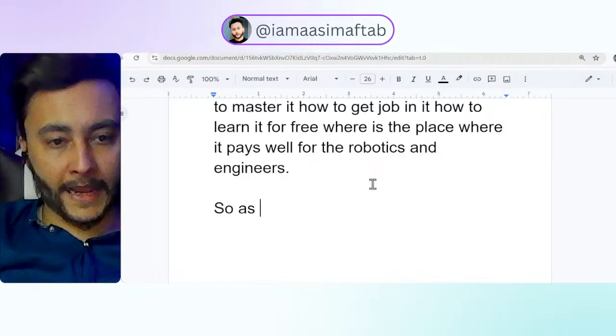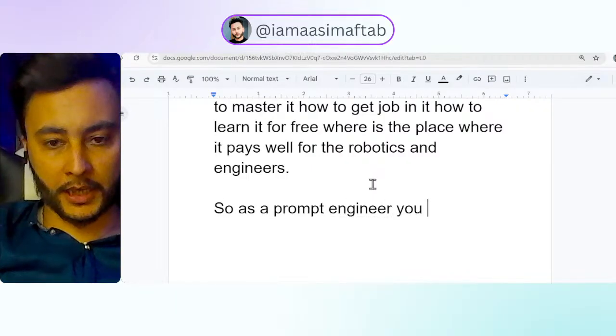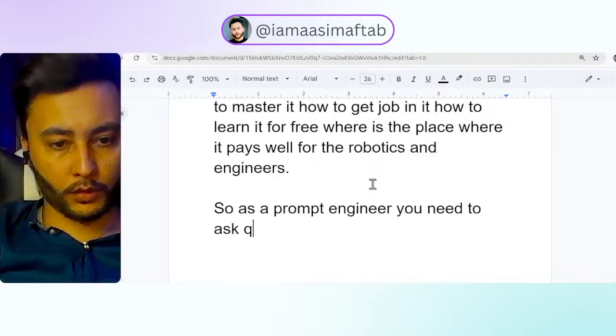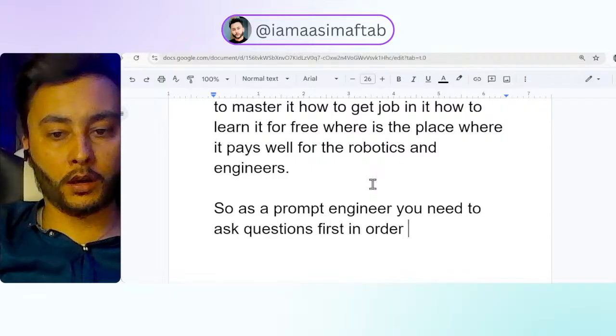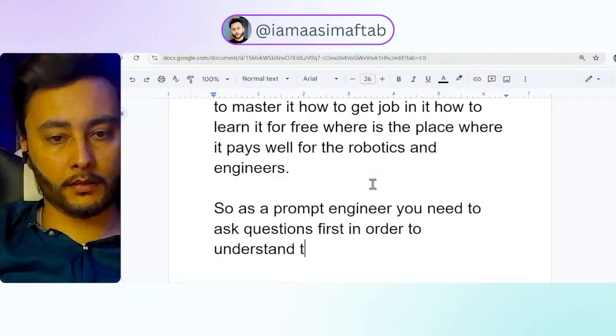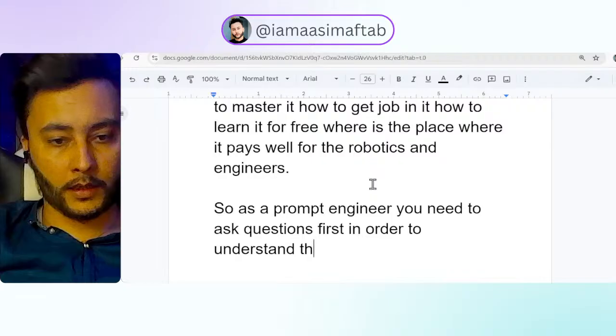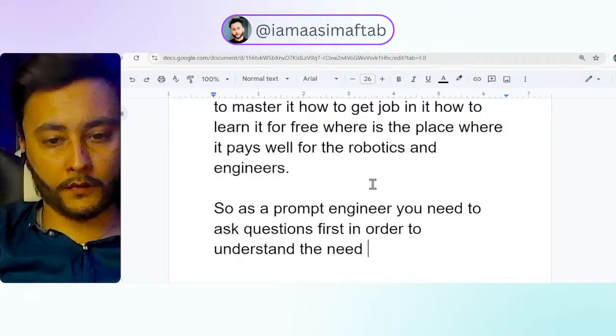So, as a prompt engineer, you need to ask questions first in order to understand the need of the questionnaire.